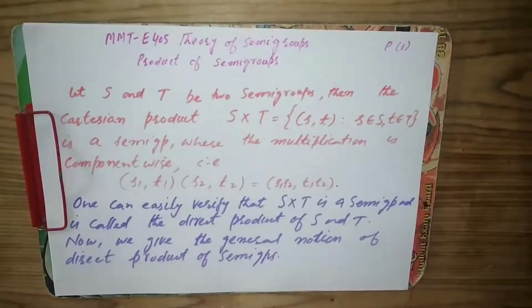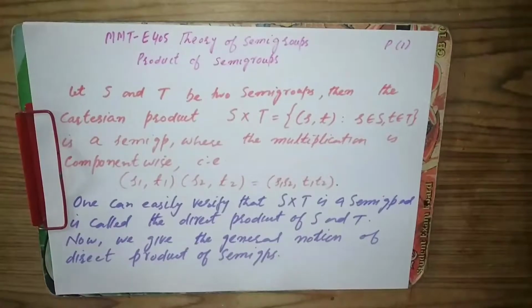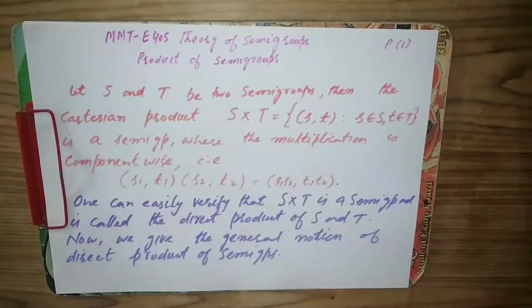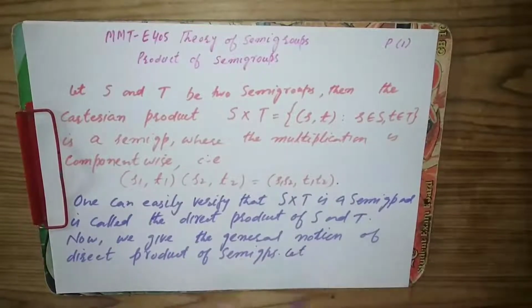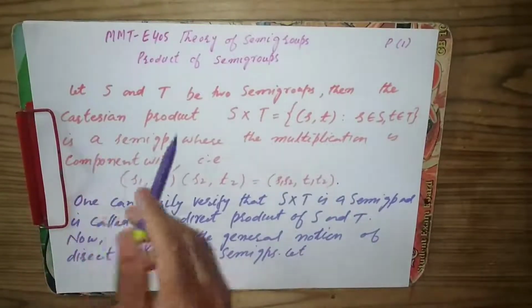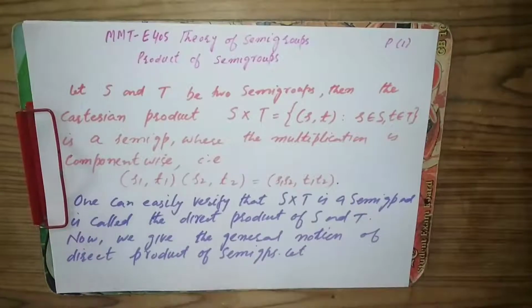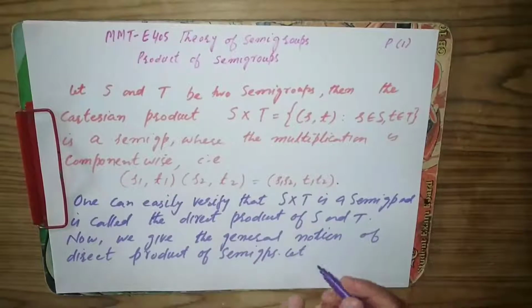Suppose we have a family of semigroups indexed by a certain set, which may be finite or infinite. Here we have taken only two semigroups S and T, but in general it may be an infinite collection of semigroups.